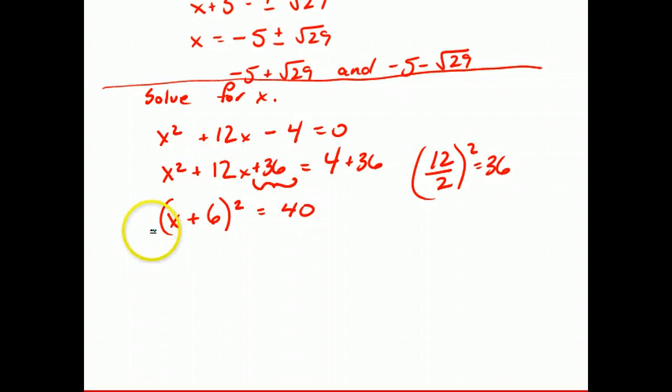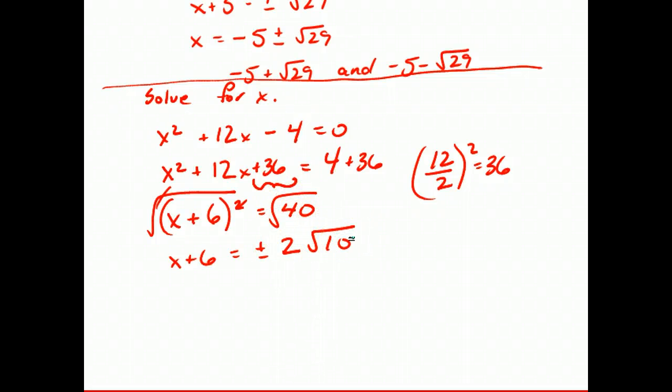Okay, so now I'm going to solve for x, right? So what do I want to do? I want to take the square root of both sides. So my square cancels with my root sign, and on this side I get x plus 6 is equal to plus or minus the square root of 40. Now 40 is 4 times 10, so the square root of 4 is 2. I can rewrite this as 2 roots of 10.